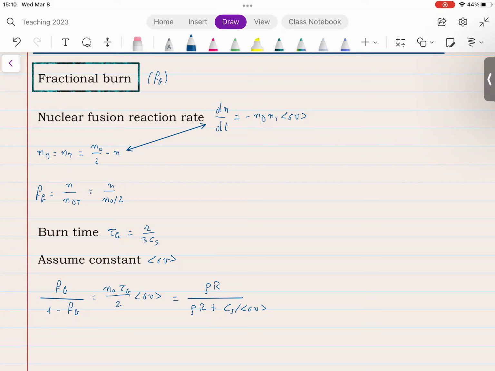Which you'll remember from the previous lecture is often approximated just as 6 in grams over centimeters squared.